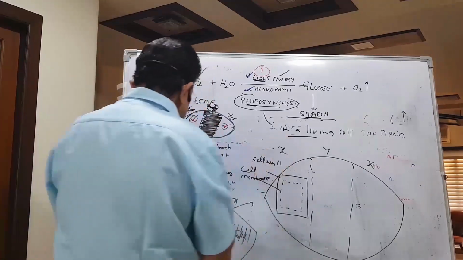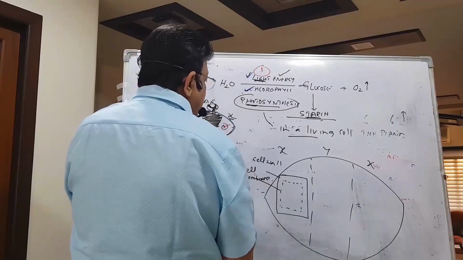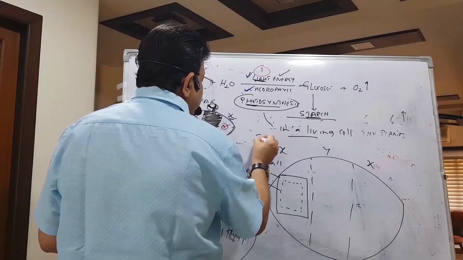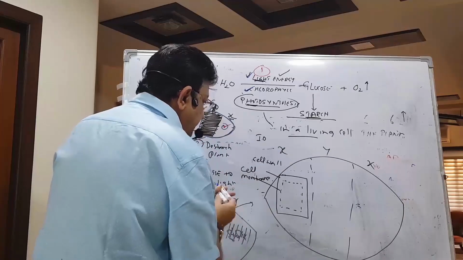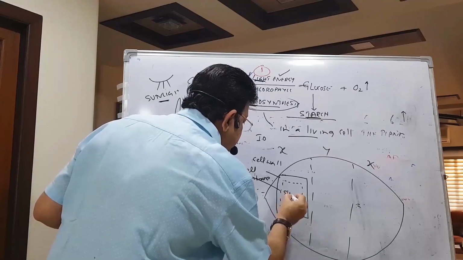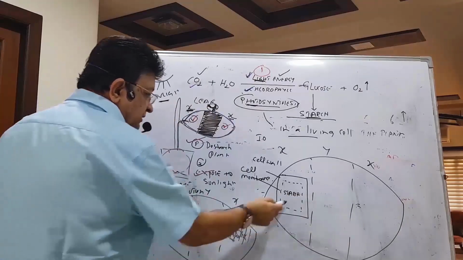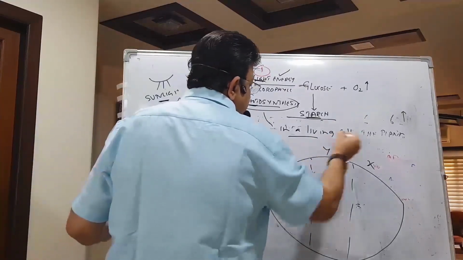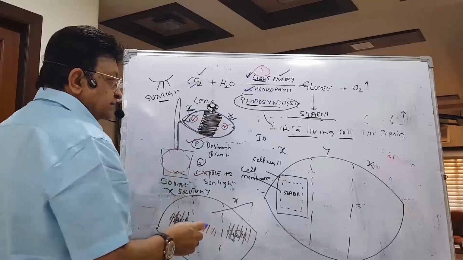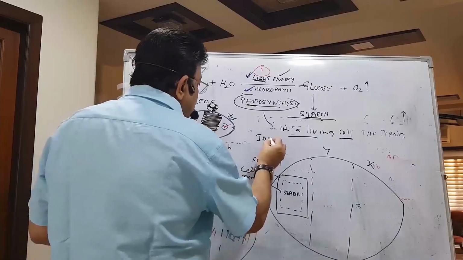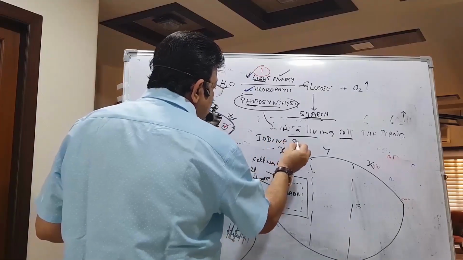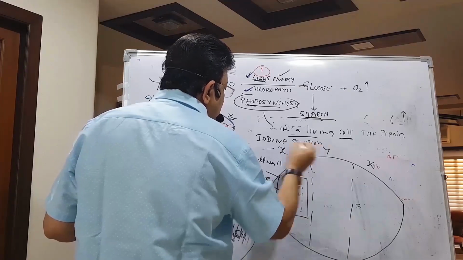Now, when I added iodine solution, pay attention, there is starch here. Starch has been formed. You can see the starch has been formed. Where has it been formed? In a cell.